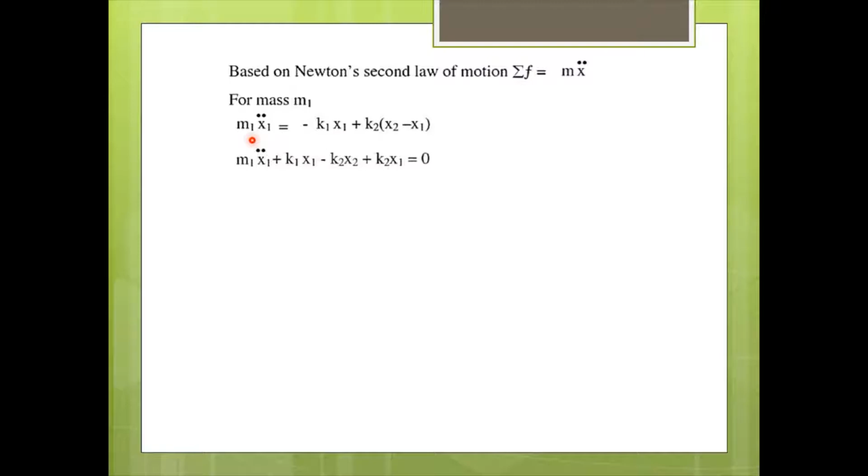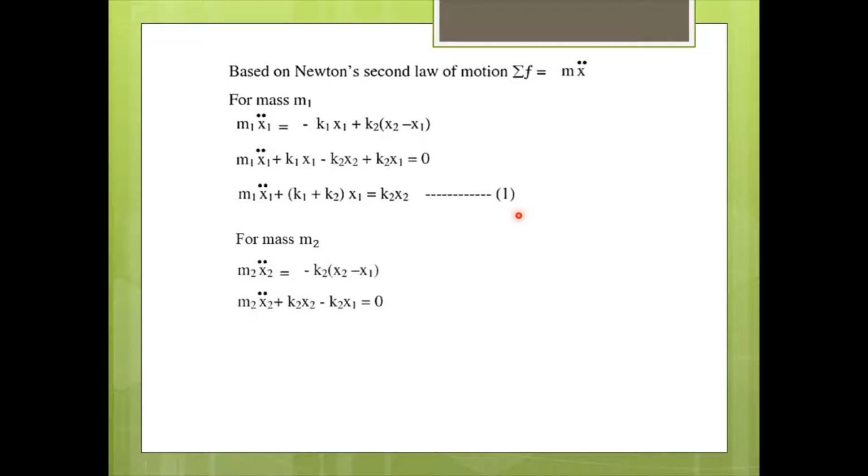The summation of forces m into acceleration is equal to summation of the spring forces. The plus and minus signs are according to the directions of the spring forces shown in the free body diagram. Let us simplify that equation to reach this stage of equation 1.